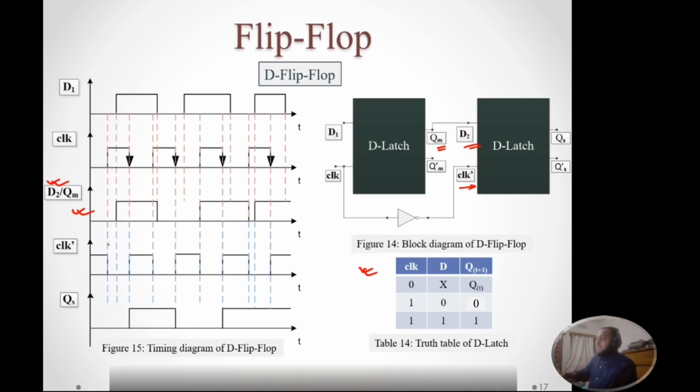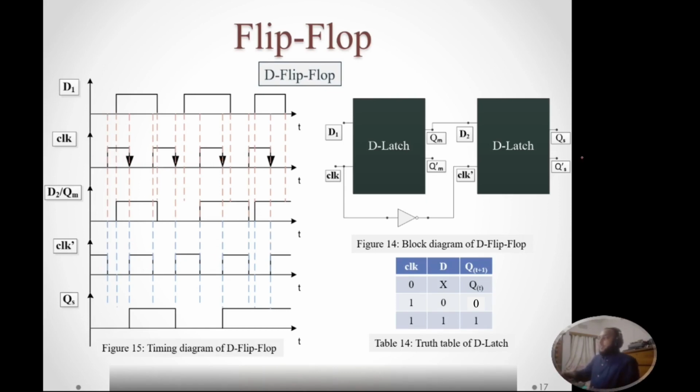That means the clock signal for second D latch will be opposite to the main clock. That means whenever our main clock signal is 0, the clock signal for second D latch will be 1. Whenever our main clock signal is 1, here we will get 0. For 0, we will get 1, 1, 0, 0, 1, like this.